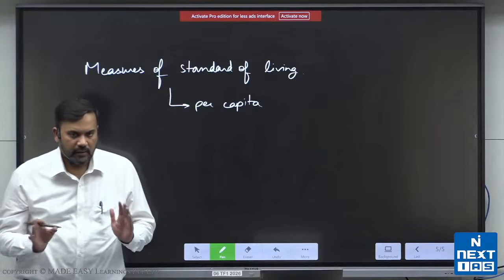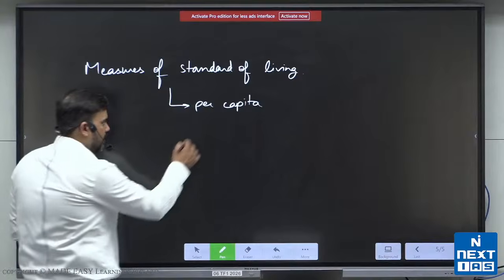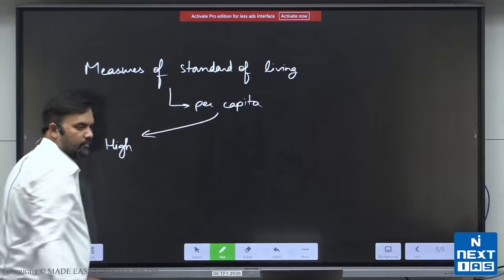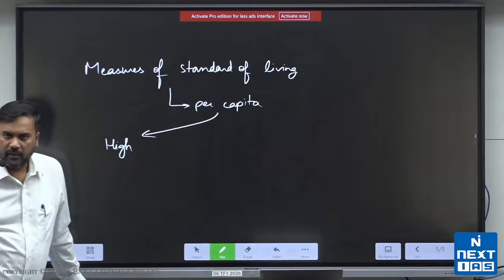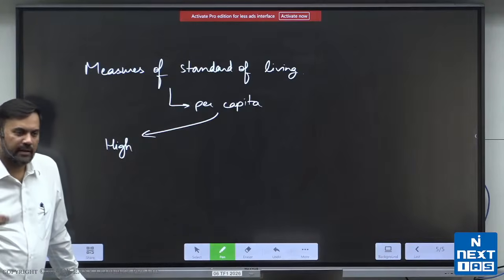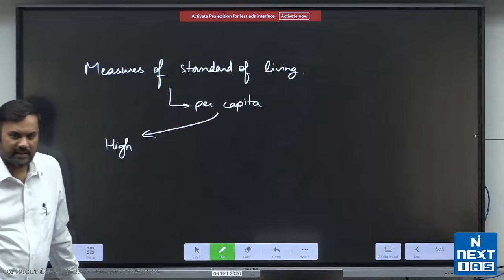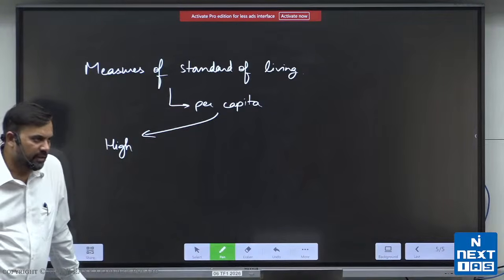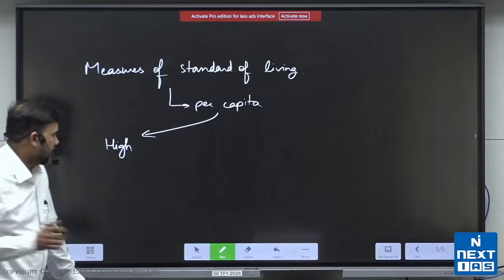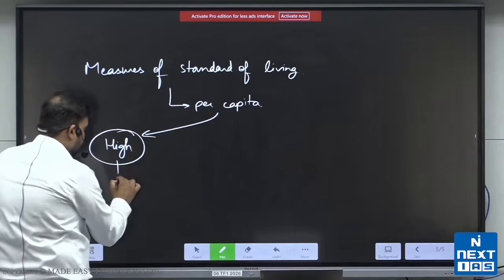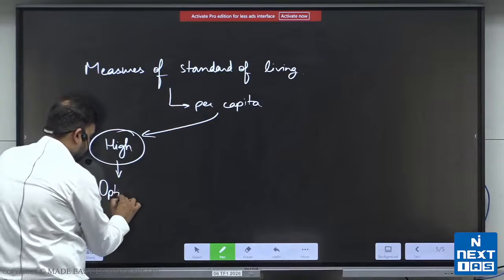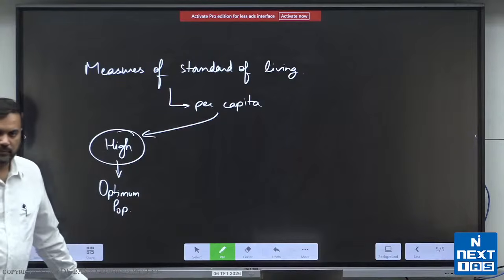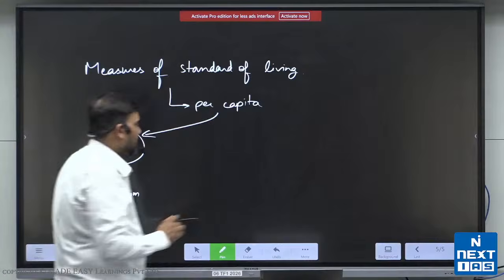Now, if the per capita resource availability is high, we call this condition a condition of optimum population. Can I say it is also the dream of every country that per capita availability should be high? So when this per capita availability is high, this is what we call the optimum population situation.